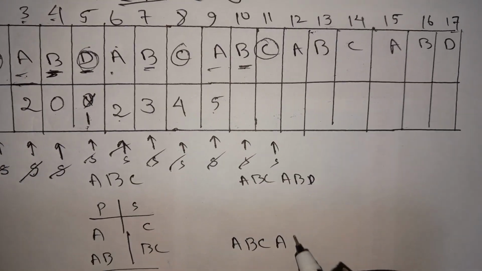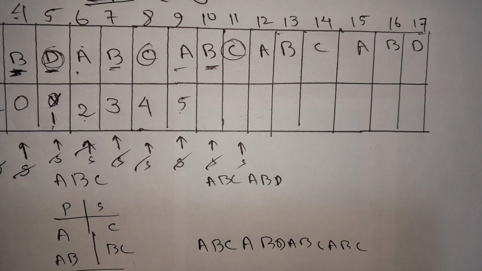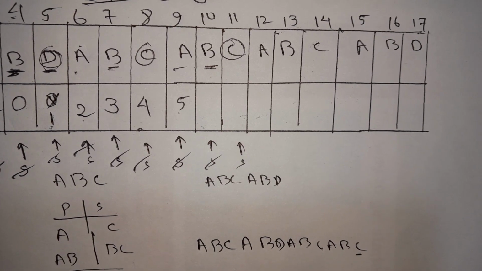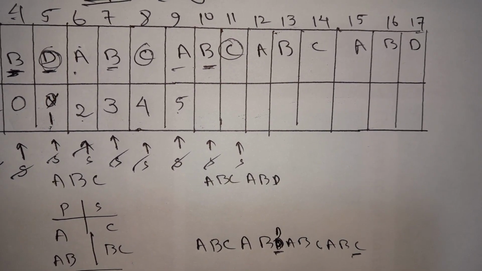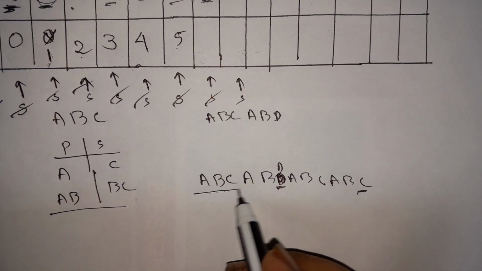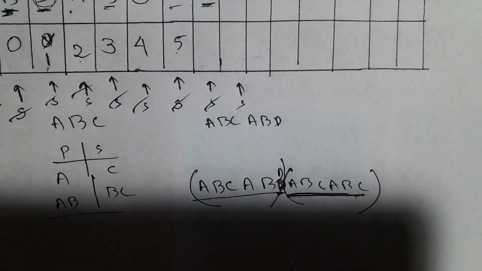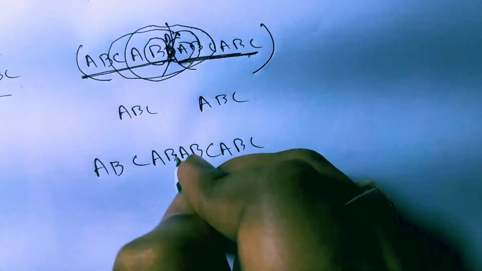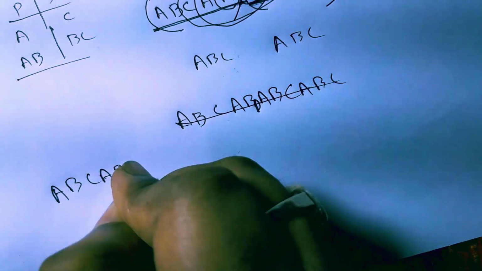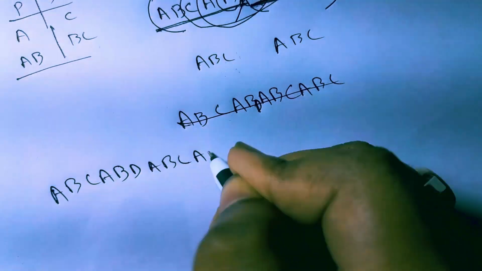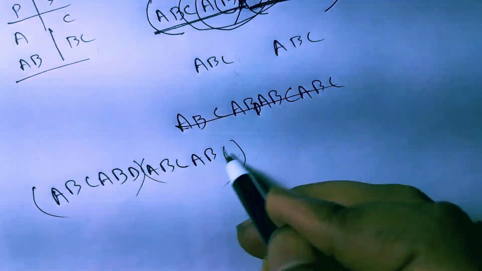My substring till now is ABC A B D ABC ABC, and I have noticed that when I encountered C, I got a mismatch here. So I am telling you that this much and this much is not possible. Okay, this much and this much, A B D. I'm writing again: A B C A B D A B C A B C. So I was comparing that my suffix is this much and my prefix is this much.